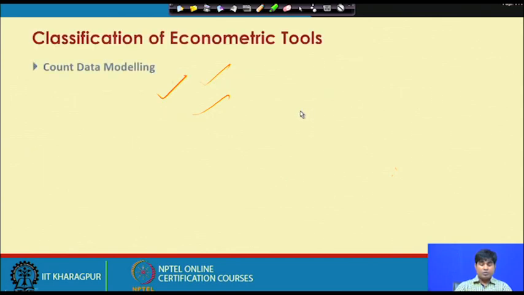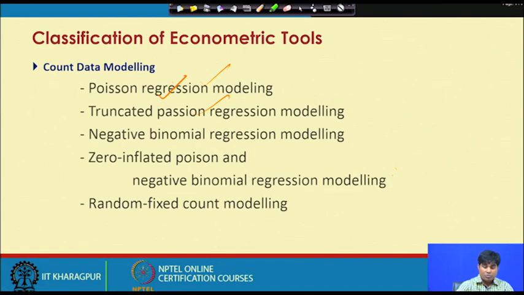Again, we will have some kind of classification related to count data, where we discuss Poisson regression modeling, then some specialty truncated Poisson regression modeling, negative binomial regression modeling, zero inflated Poisson and negative binomial regression modeling, and then random fixed count modeling.